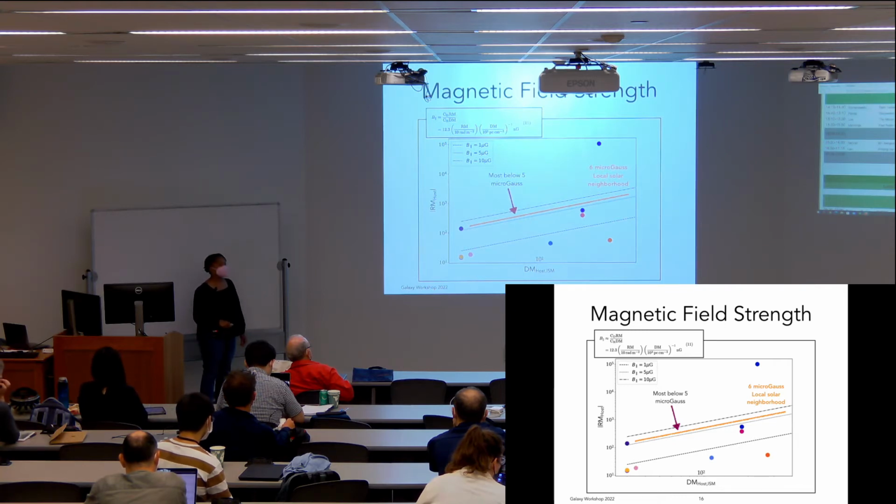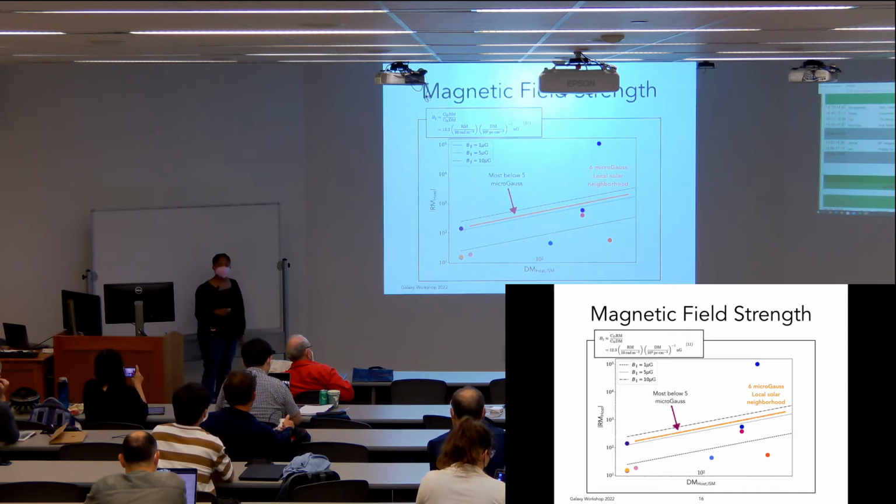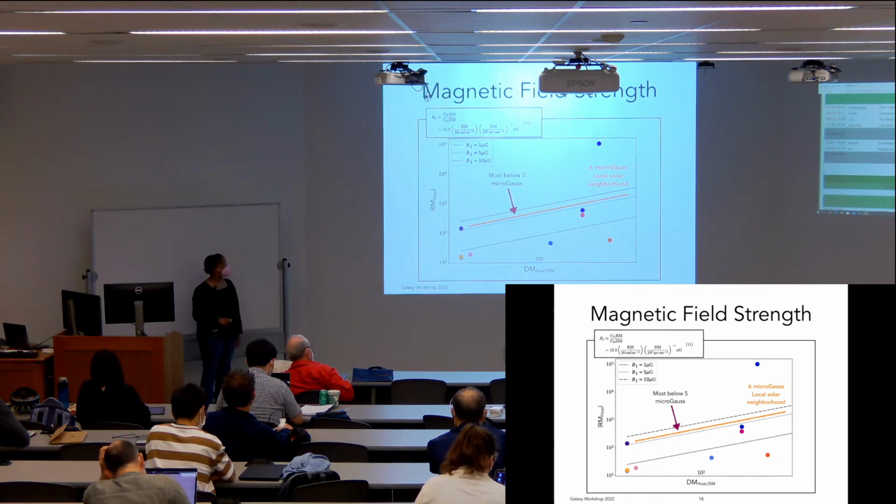Our points are measured values for the FRBs in our sample. This little cartoon line is just a visualization of what the value is for our local solar neighborhood, which is 6 microgauss. The top line is 10 microgauss. This middle line is a constant magnetic field of 5 microgauss, and then the bottom one is 1.